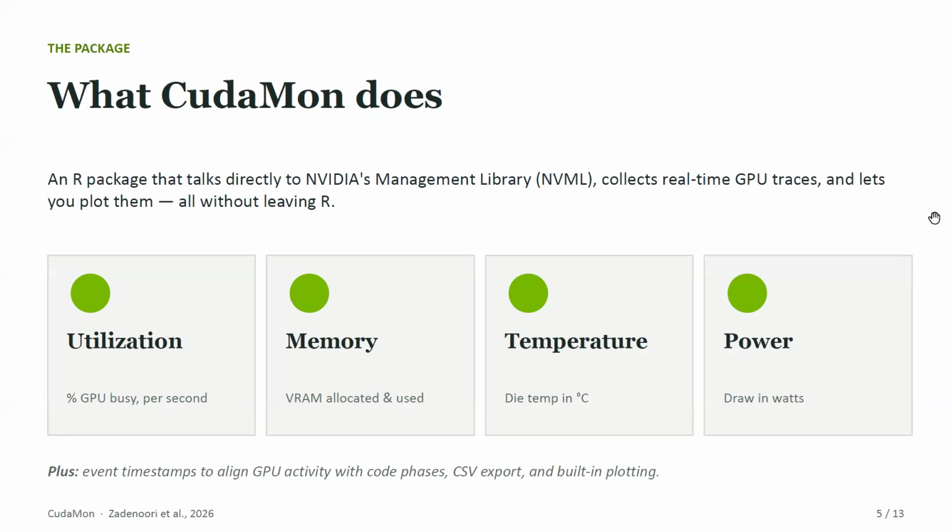What we developed actually uses NVML, a library by NVIDIA written in C, and wraps it to R using function calls. It also has different features, such as exporting to CSV or plotting directly.